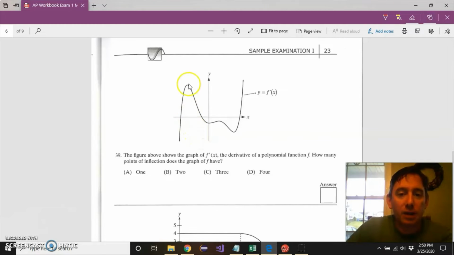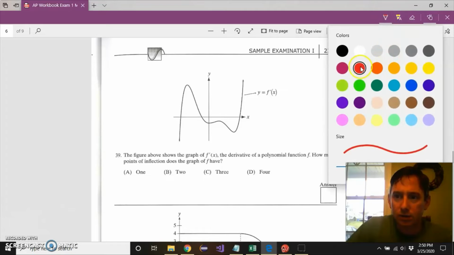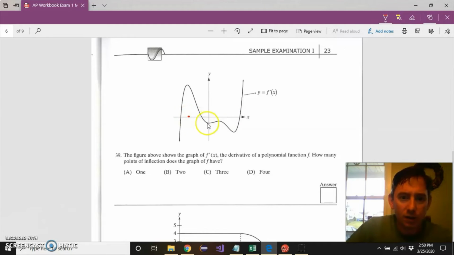One way to think of this is to try to think of what the graph of f double prime looks like. So we will have the next graph, f double prime, because this is f prime. F double prime will have a 0 right here, right here, right here, right here, and right here.